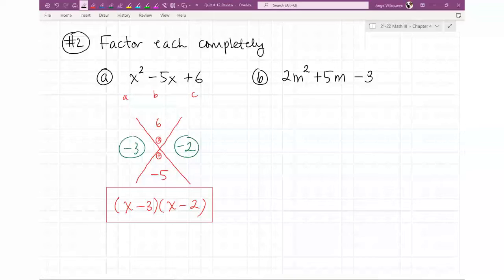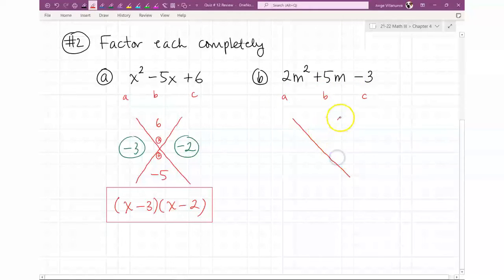Okay? So we're going to do the X method again. Our A, B, and C are right there. So what do I put on top of that X? Anybody know?